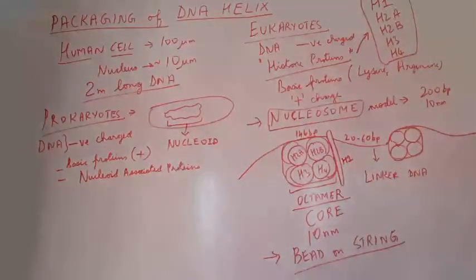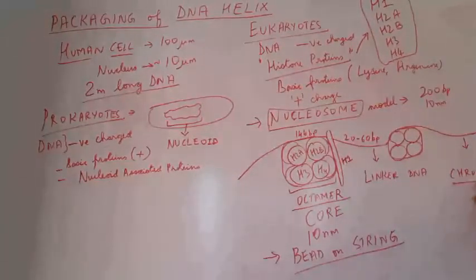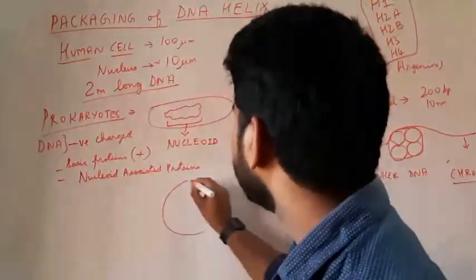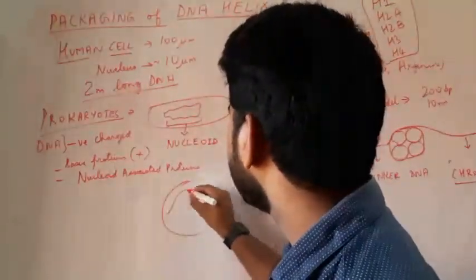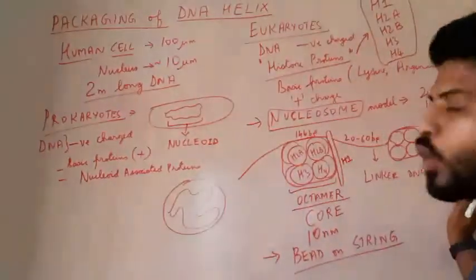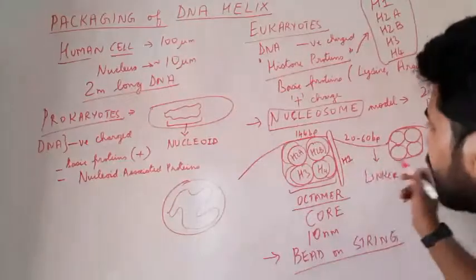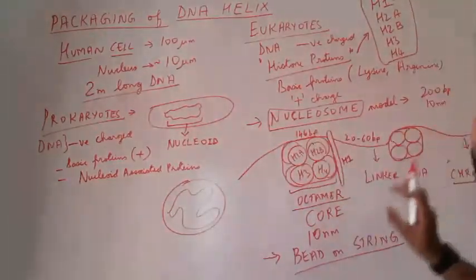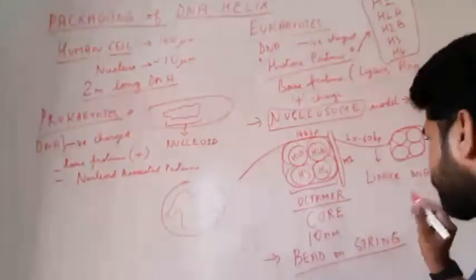So this is what is called the chromatin, the thread-like structure that we see inside a nucleus. The thread-like structure, that is what is called the chromatin.